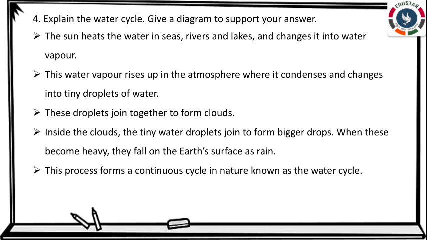These droplets join together to form clouds. Inside the clouds, the tiny droplets of water join to form bigger drops. When these drops become heavy, they fall on the earth's surface as rain. This process forms a continuous cycle in nature known as the water cycle.